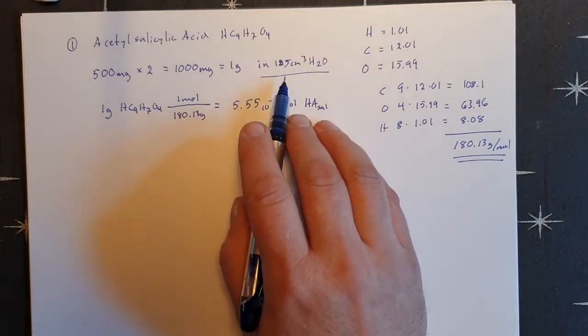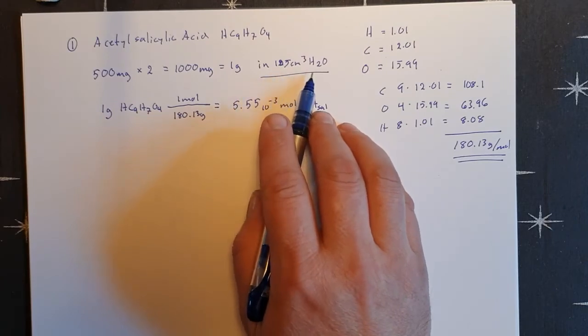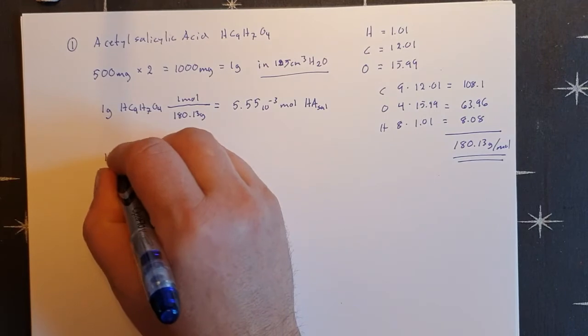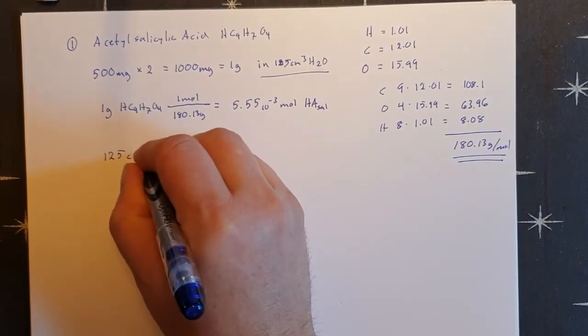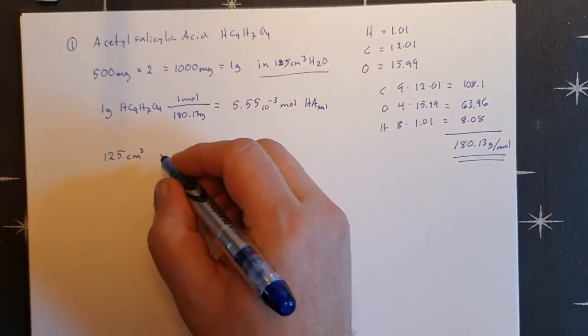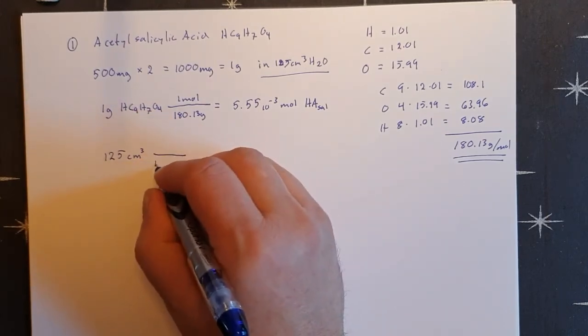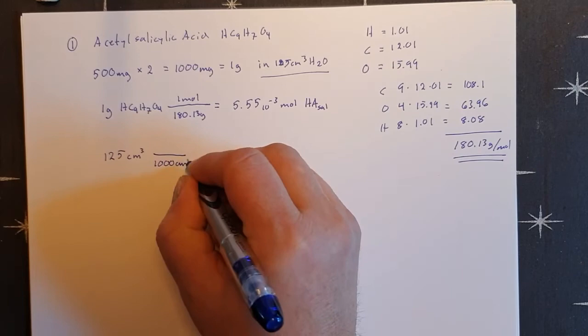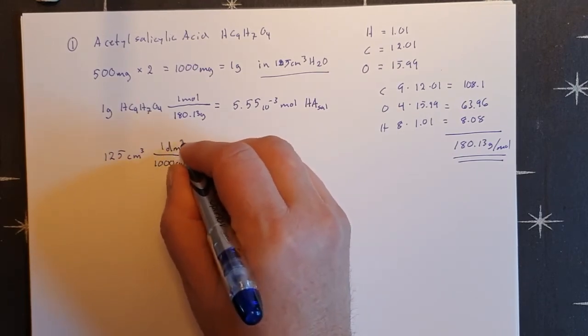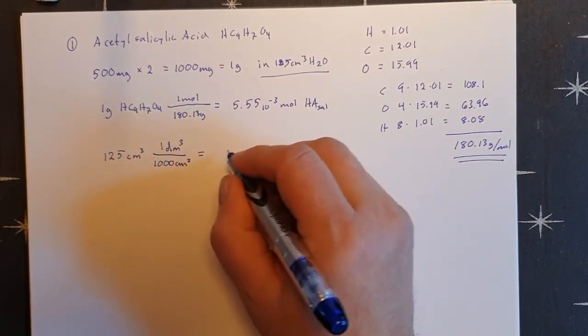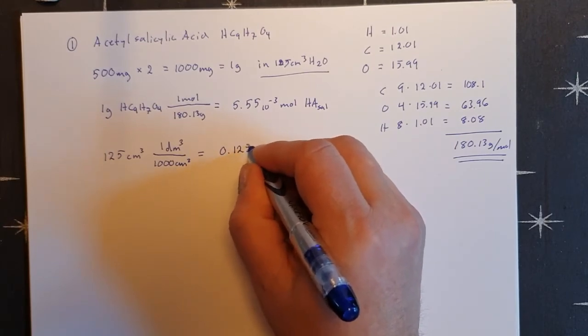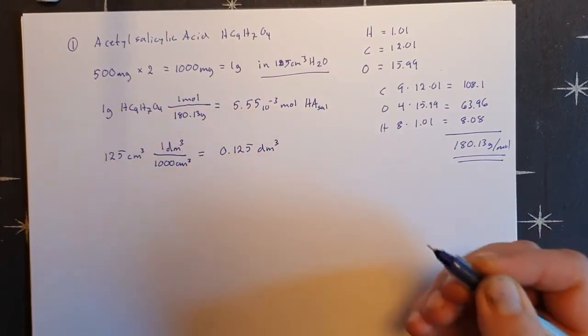So we have 5.55 times 10 to the minus 3 moles of HA sal, or acetyl salicylic acid, which we're going to dissolve in 125 cubic centimeters. If we leave it as cubic centimeters, it's fine, but in this case, I'm going to divide it by 1,000 cubic centimeters for 1 dm3, 1 liter, which gives me 0.125 liters.